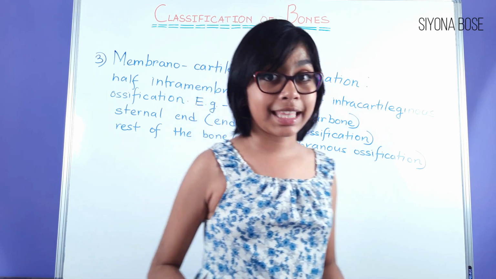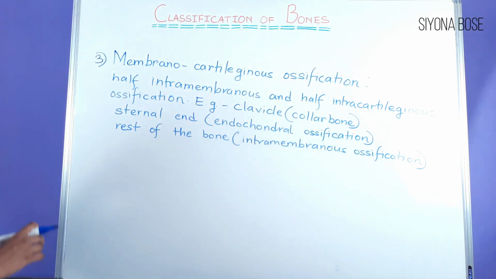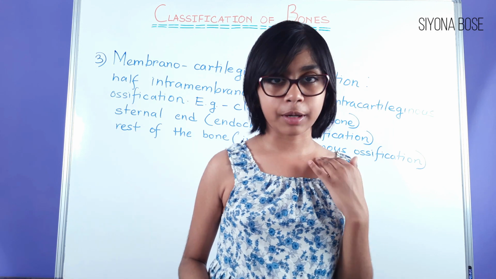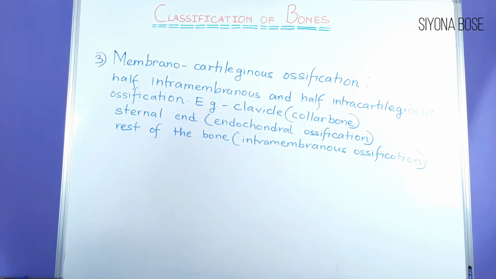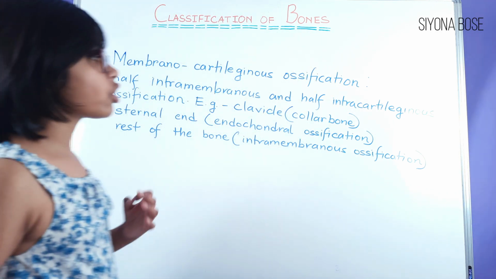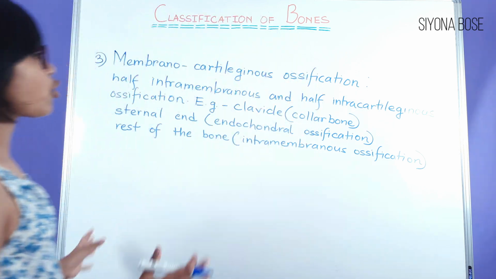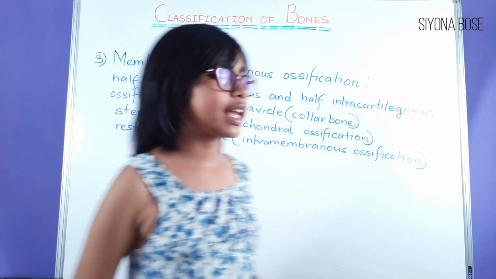Now we can take a look at that again. Membrano-cartilaginous ossification, half intramembranous and half intracartilaginous ossification. Example, the clavicle or the collarbone. Sternal end has endochondral ossification and the rest of the bone is intramembranous ossification.